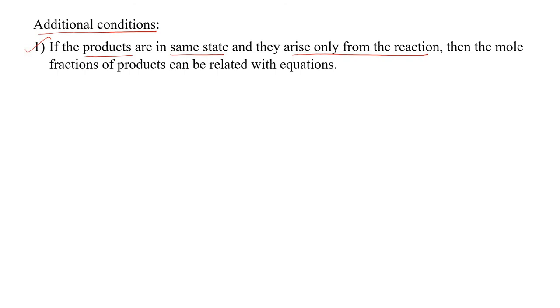Say for example, I'll take this equation. Ammonium chloride is a very famous example. Solid ammonium chloride on heating will give you ammonia gas and HCl gas. Now we have two products and both are in the gaseous state. If products are formed in the same state, then we can relate the two products with some equation.